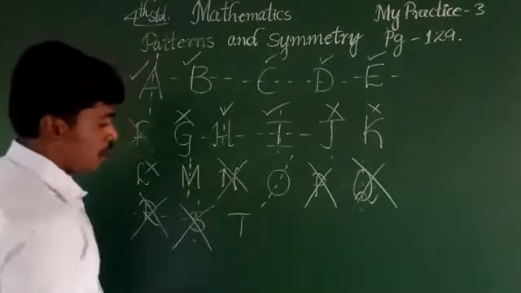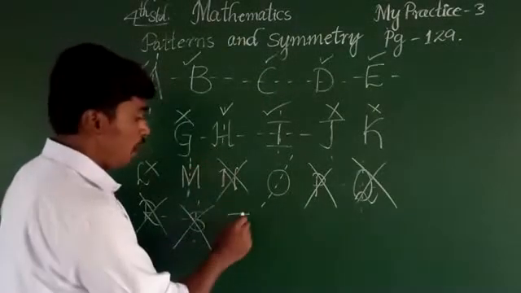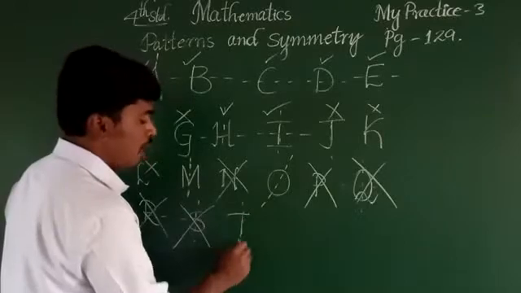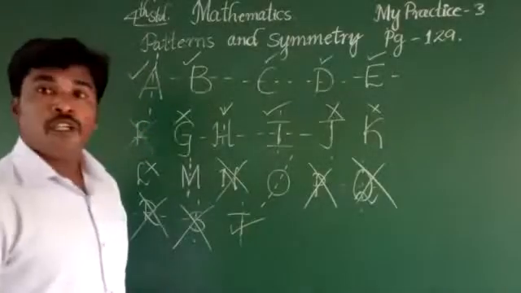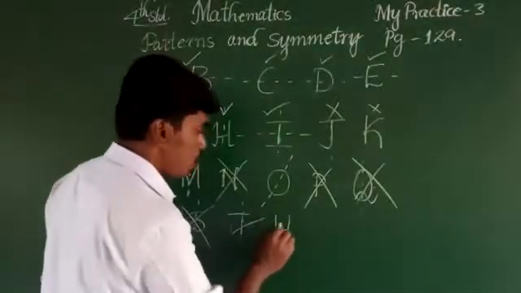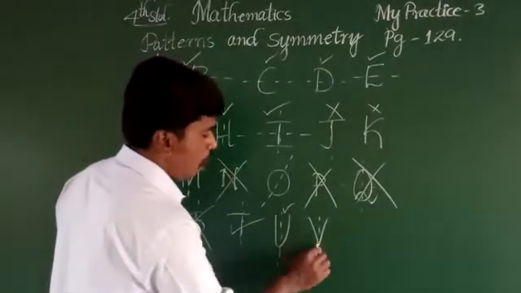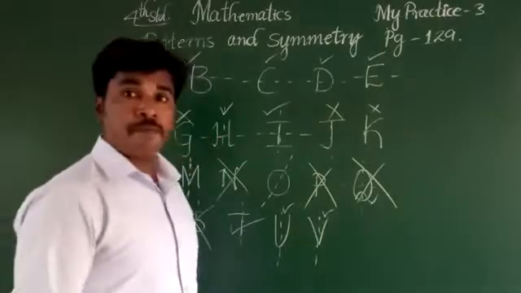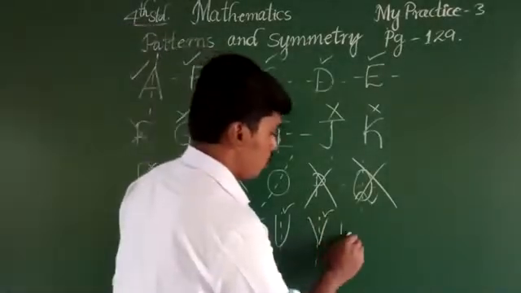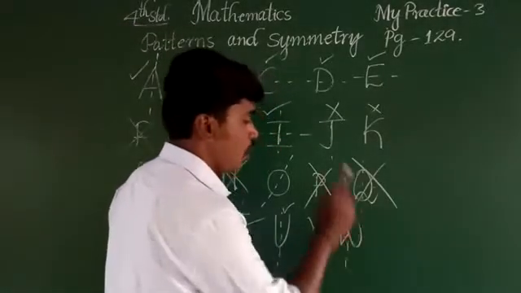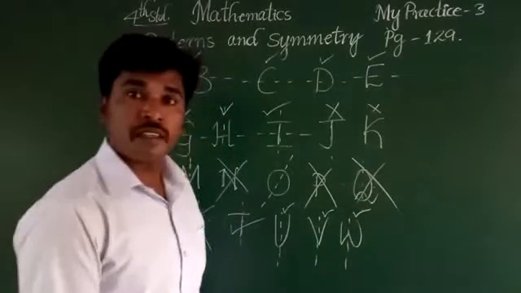T, does it have? It has only one line of symmetry, that is vertical line of symmetry. U also has one line of symmetry. V also has one line of symmetry. W also has one line of symmetry.